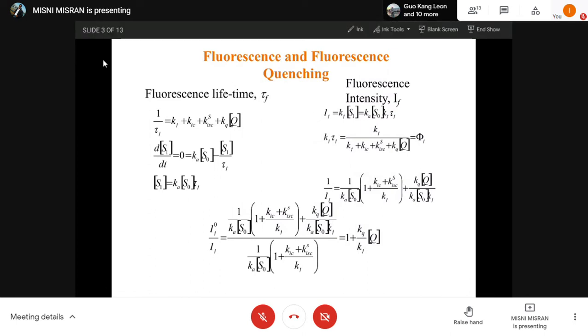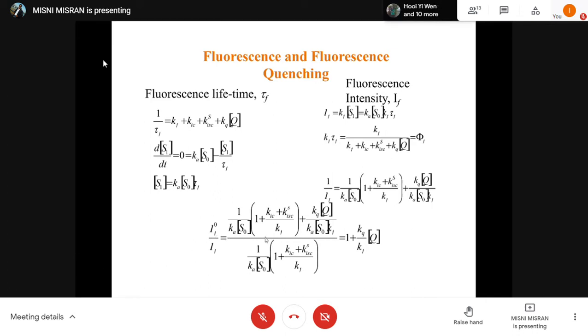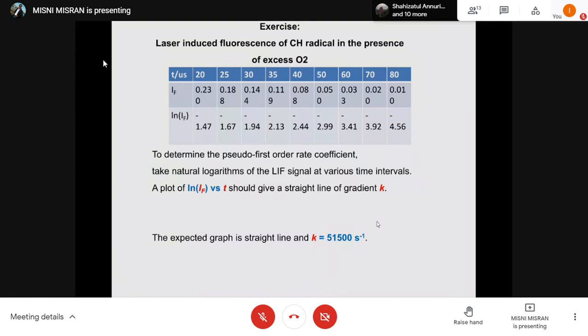The bottom part of the formula: this one without the quencher and with the quencher, and the slope is actually KQ over KF, right? When you don't have the KF, for instance, you can determine the KQ, right? See the first equation over here, you have the KQ, right?